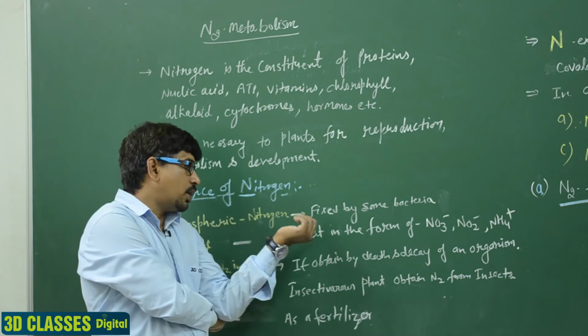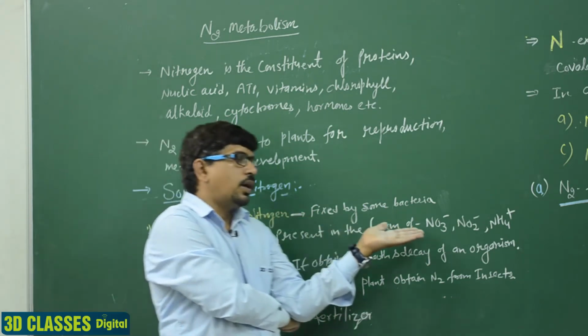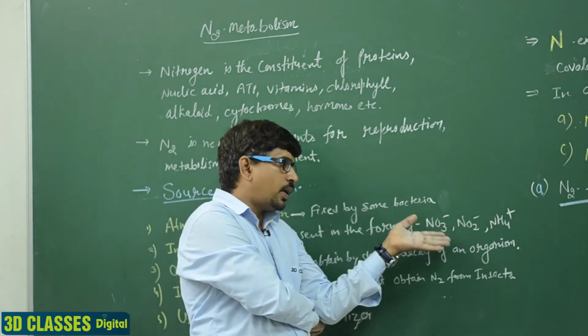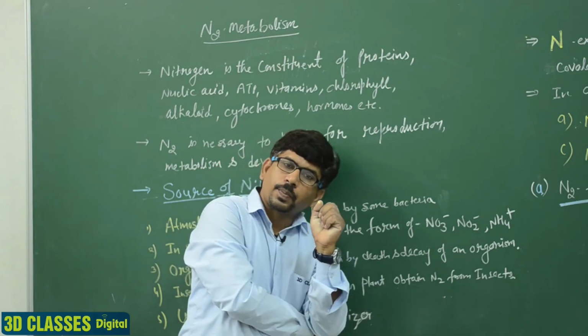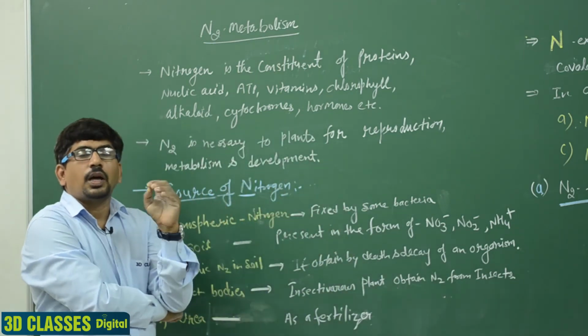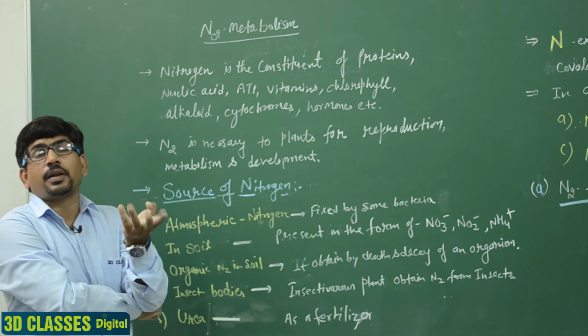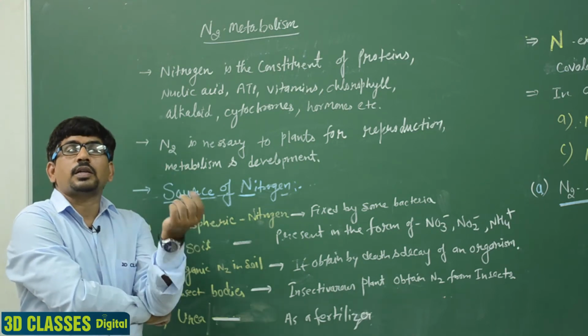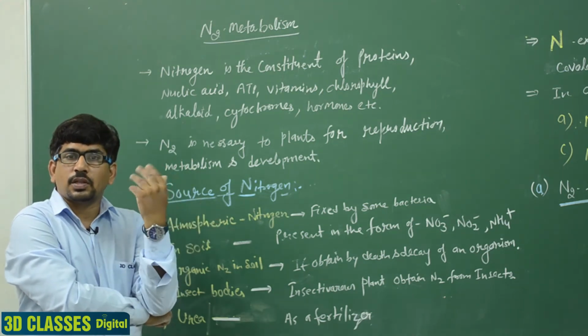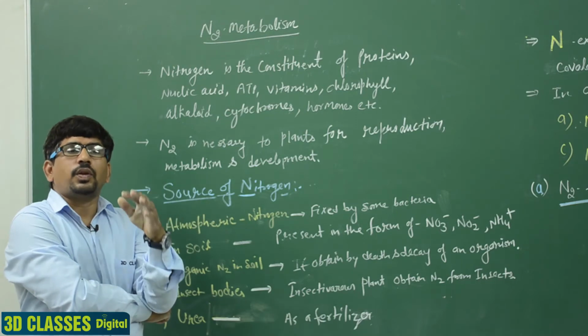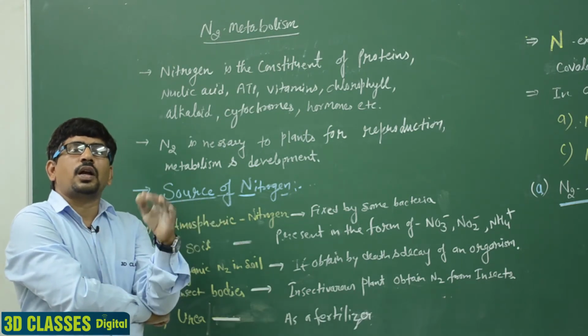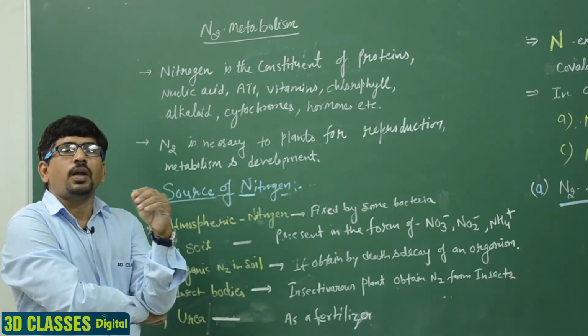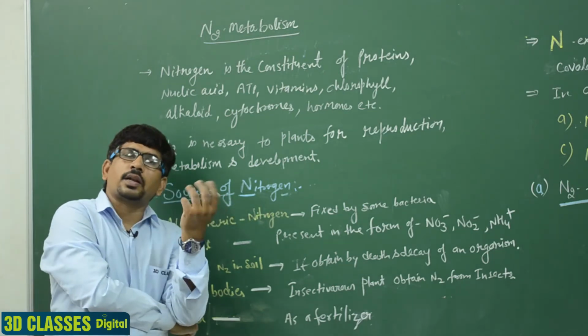So in the soil, it is present in the form of NO3, NO2, nitrate, nitrite, and ammonium ions. Like acid rain, you know very well acid rain. Acid rain means HNO3 and HNO2 and sulfuric acids are developed. So in the presence of the water, the nitrogen is dissolved in ion form, and these ions may be nitrate, nitrite, and ammonium ions.